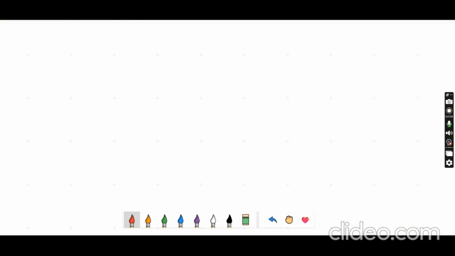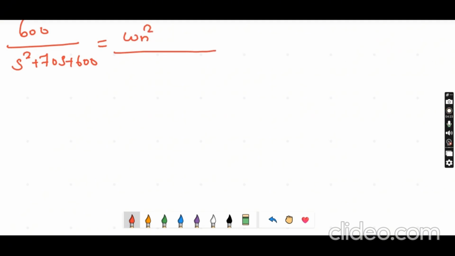We will compare this obtained transfer function, 600 by s square plus 70s plus 600, with the standard form of the transfer function for a second order system, that is omega n square divided by s square plus 2 zeta omega n s plus omega n square.